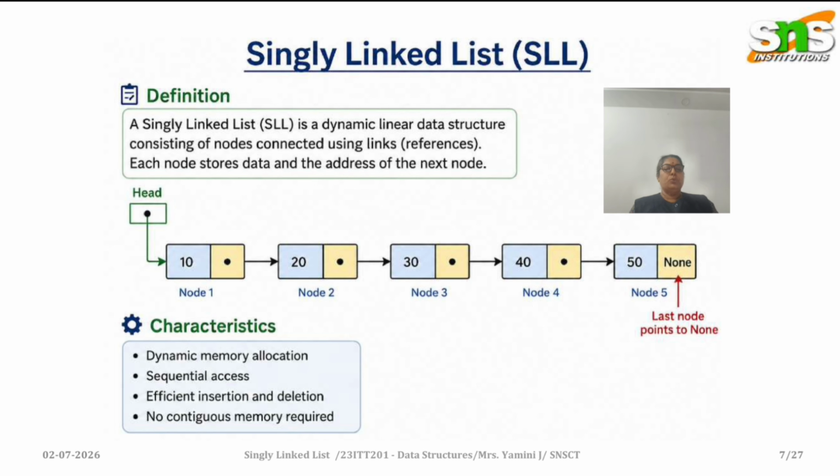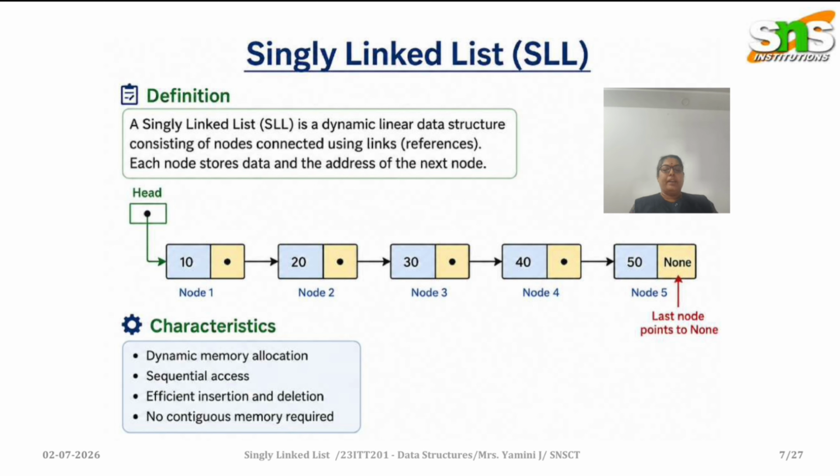Each node stores two pieces of information, the data field which contains the actual value and the next pointer which stores the address of the next node in the sequence. The first node is called the head node because it marks the starting point of the list. To access all the elements, we begin at the head and follow each next pointer one by one.